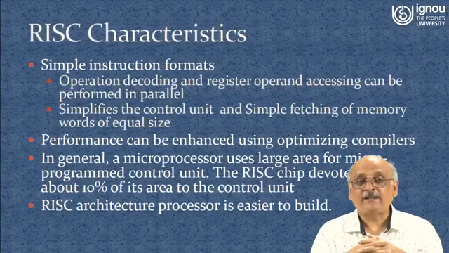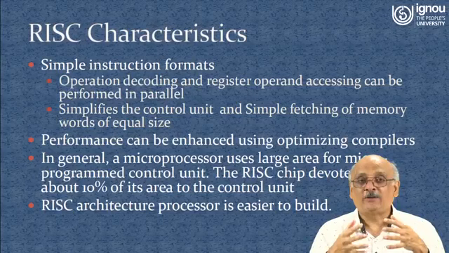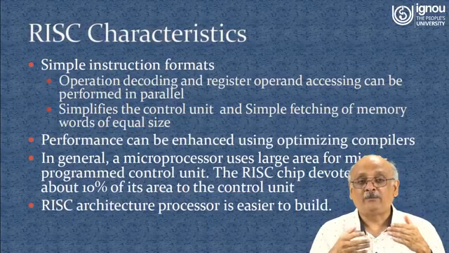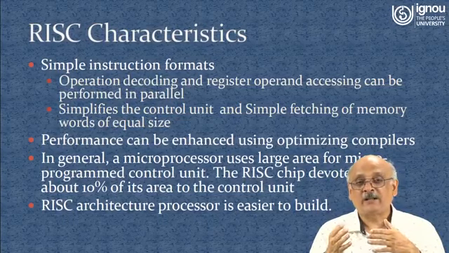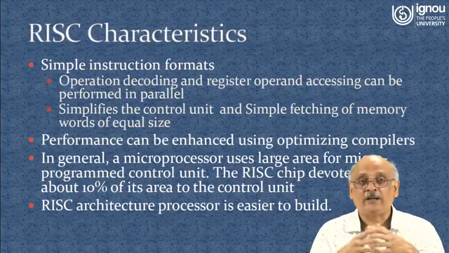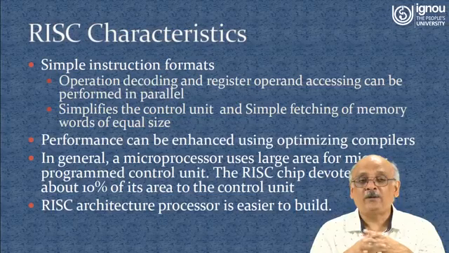This is what we have already stated. In general, a microprocessor uses a large area for the microprogrammed control unit. Very large area, sometimes more than 50% was utilized by the microprogram. The RISC chip devotes about 10% of this area to the control unit, in fact even less than that.